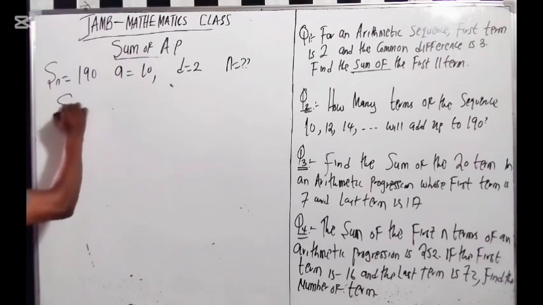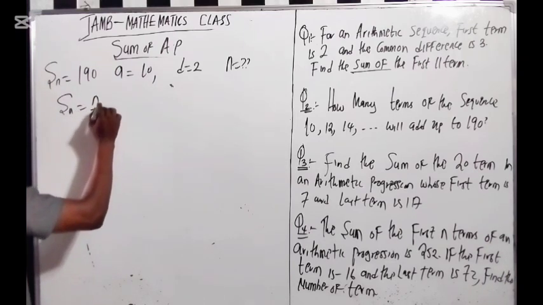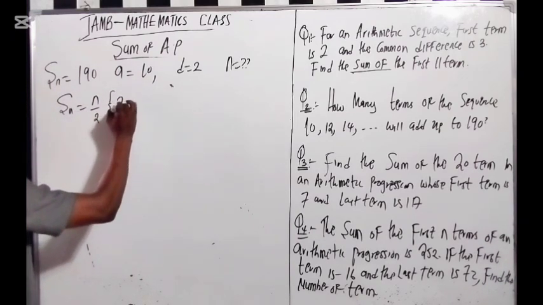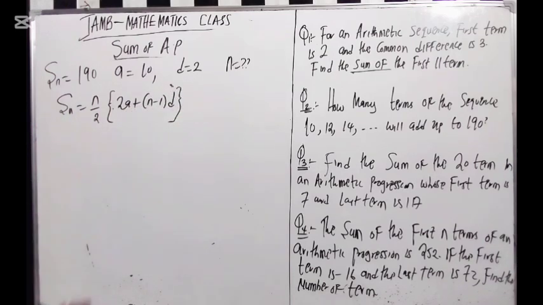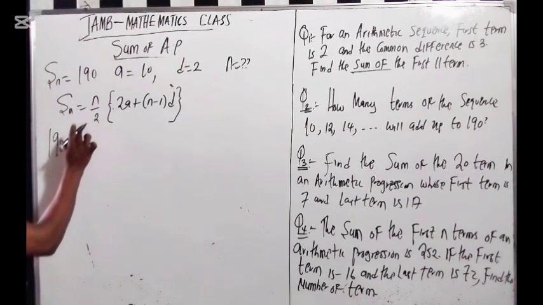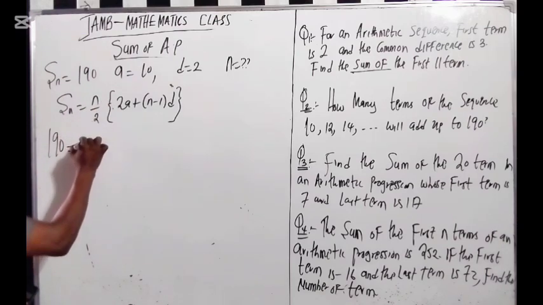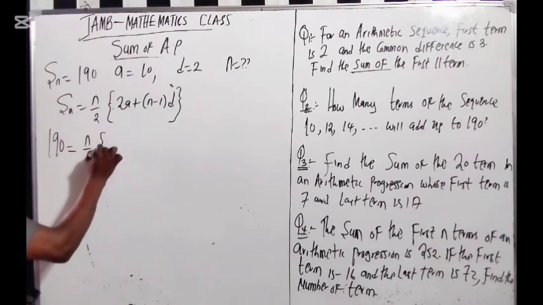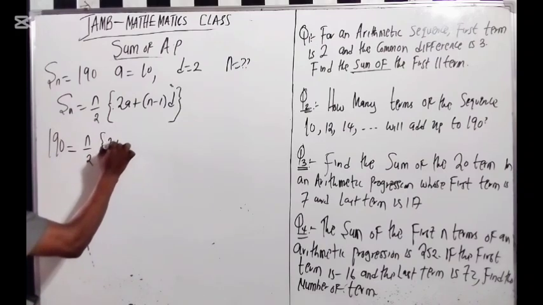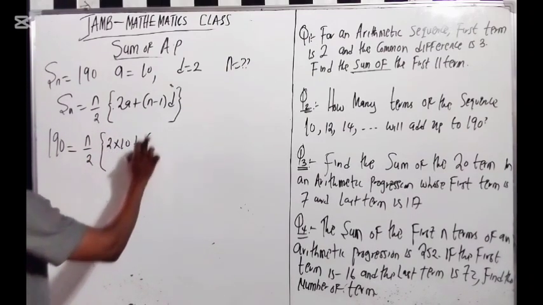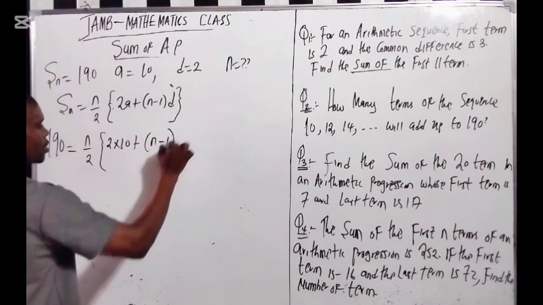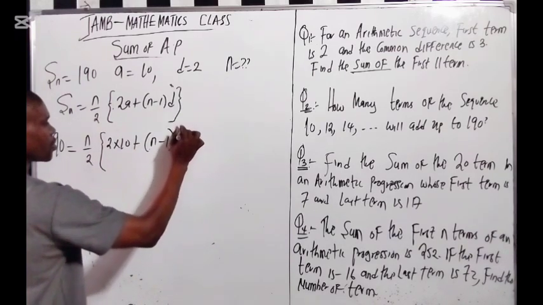So remember, Sn equals n over 2 times 2a plus (n minus 1)d. Now let's substitute our values. Sn is 190, so we have 190 equals n over 2, times 2 times my a, which is 10, plus n minus 1 times d, which is 2.